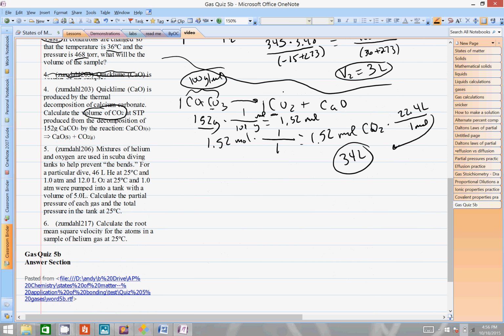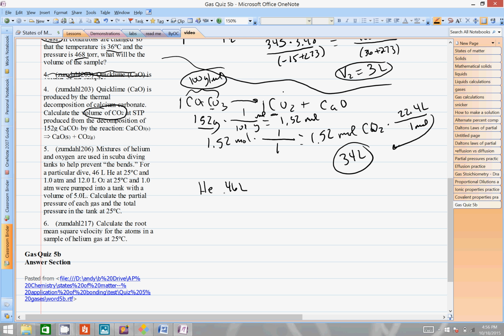Number 5. Number 5 has mixtures of helium and oxygen gas used in scuba diving help prevent the bends. For a particular dive, I have 46 liters of helium. So helium, I got 46 liters. The temperature is not changing for anything, so the temperature will stay constant all the time.